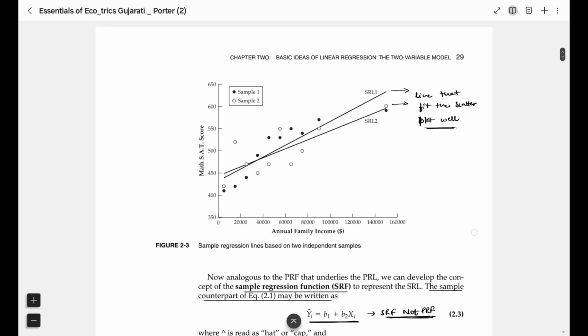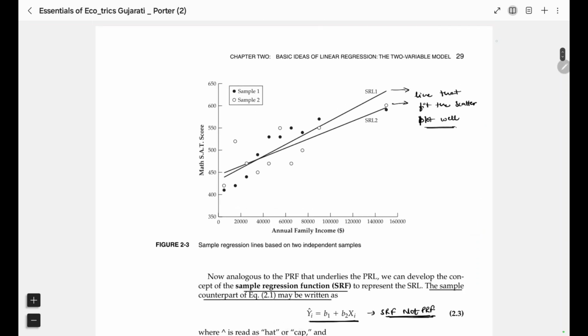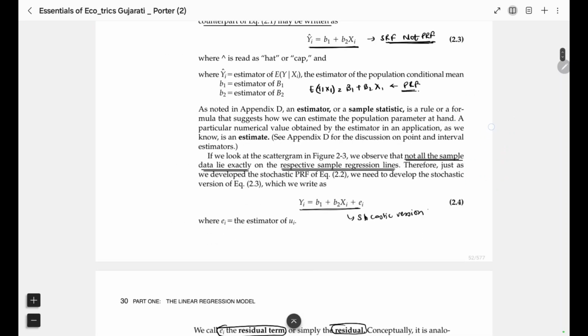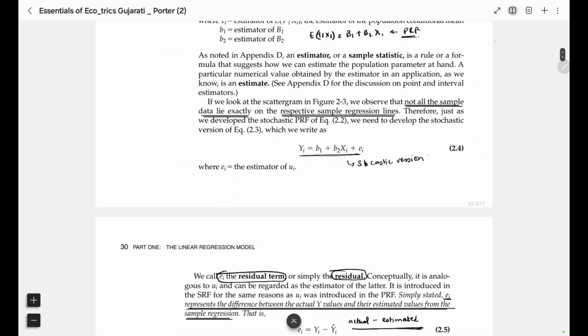So here also there is an error, like we did earlier, right? So we include an error term here also, and we make a stochastic version of our sample regression line, and here our error term is ei. This we call the residual term.